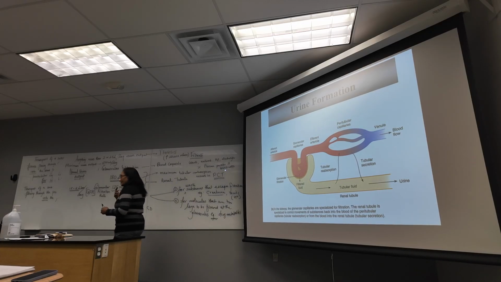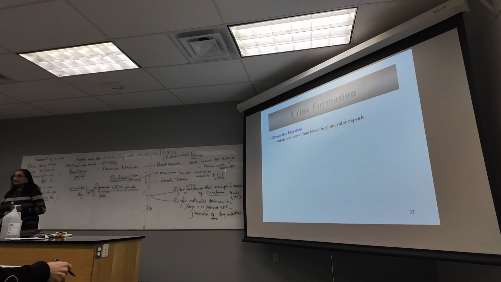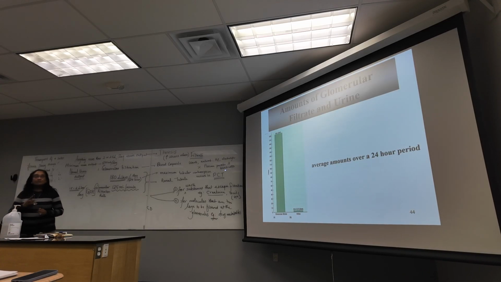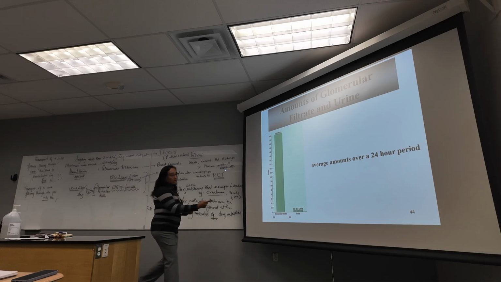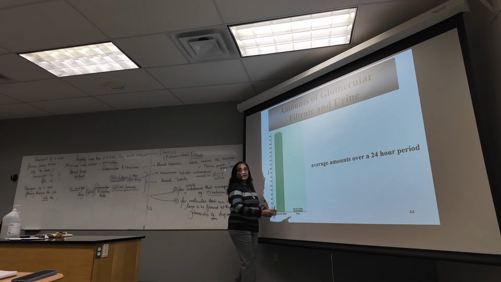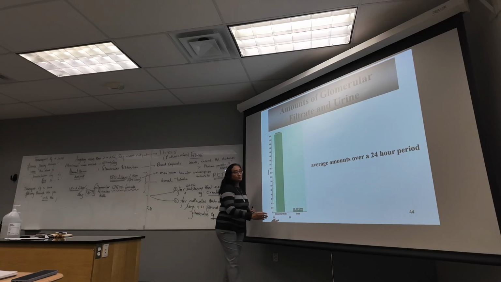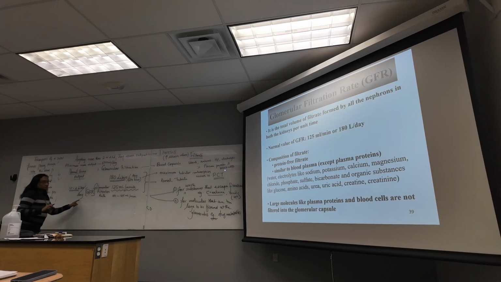So out of that 180 liters that is being filtered out every day, only 1.5 to 2 liters is thrown out as urine. So all of this is getting reabsorbed. So where was I?